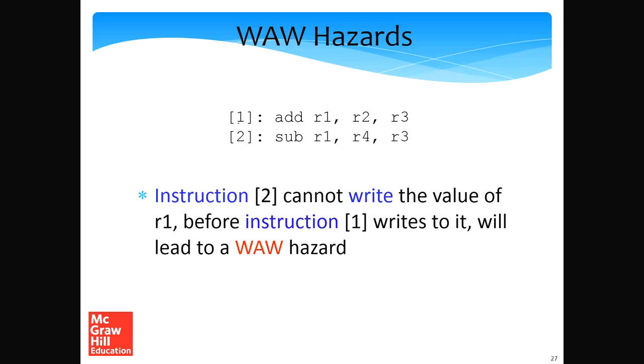Let us consider a sequence of two instructions, where 1 is the earlier one and 2 is the later one. Both these instructions are writing to register R1. Instruction 2 cannot write the value of R1 before instruction 1 writes to it. Otherwise, the final value inside R1 will become wrong. We want instruction 1 to write the value of R1 first, and then instruction 2 to write the value of R1.